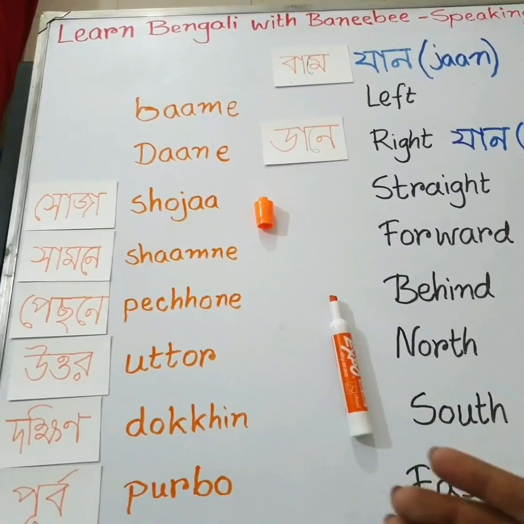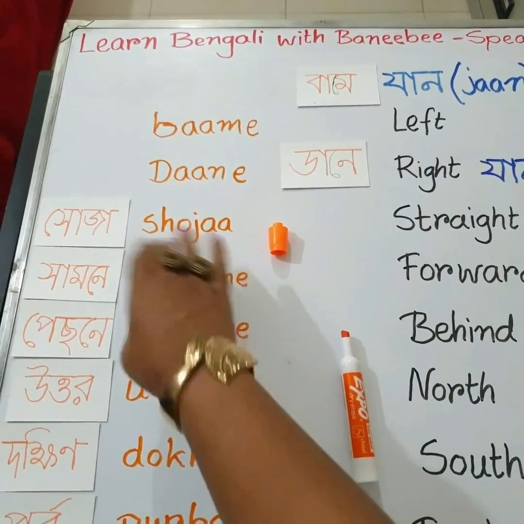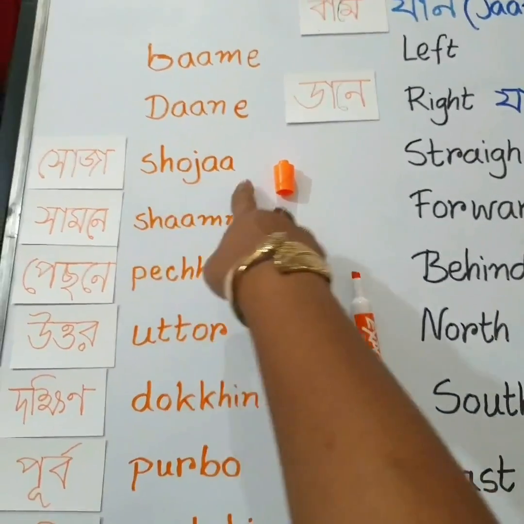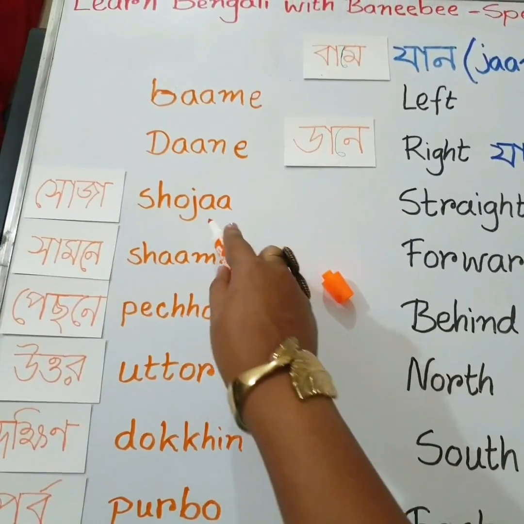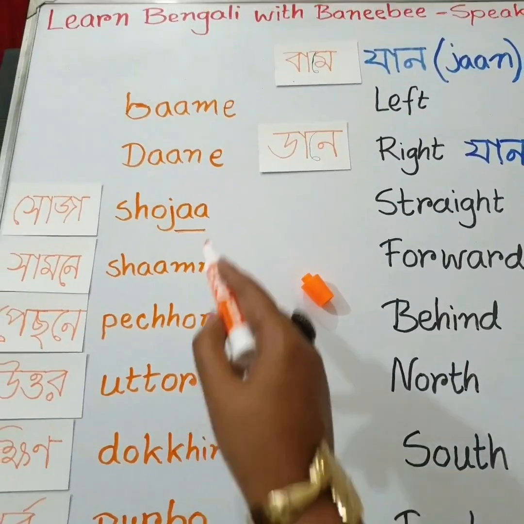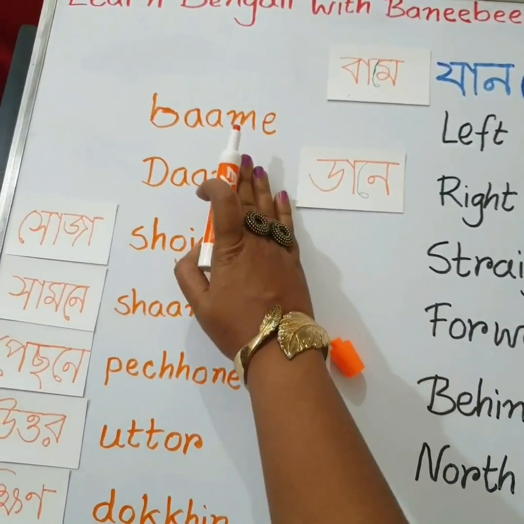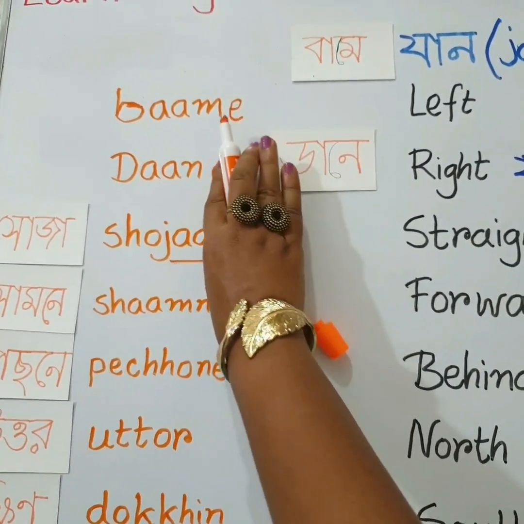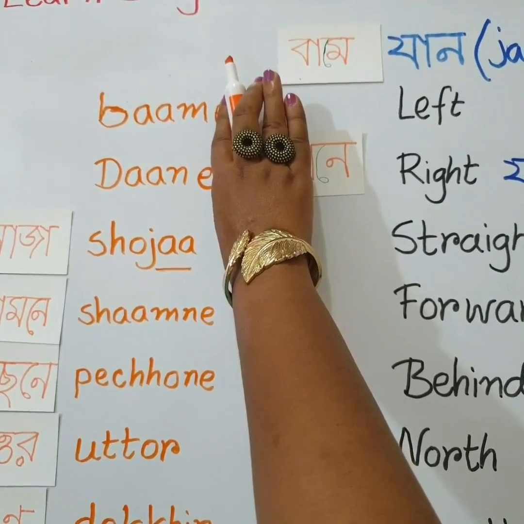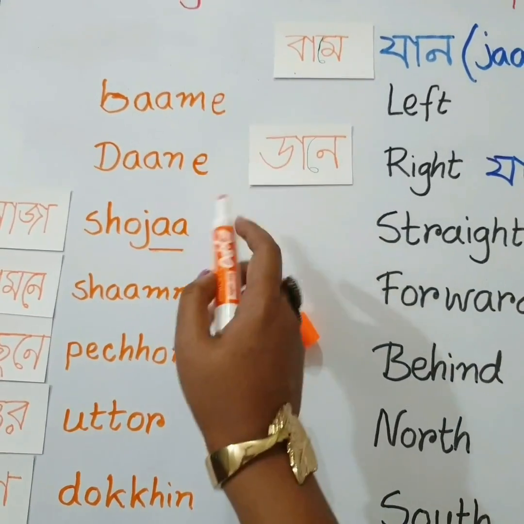Now, if you want that person to go straight, for straight, the word is shoja. One thing to notice here is shoja has an a ending, right? All the others were closed. They didn't have any vowel at the end. This word ended with consonant M, this word also ended with consonant N, right?